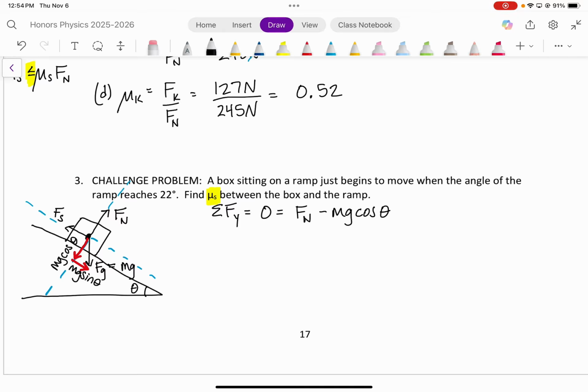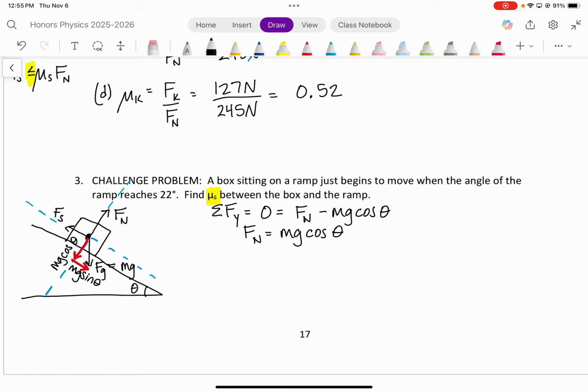If Fn minus mg cosine theta equals 0, what does Fn equal? Fn equals mg cosine theta. So we're going to pause with that because we have derived an expression where we can figure out what our normal force is equal to.